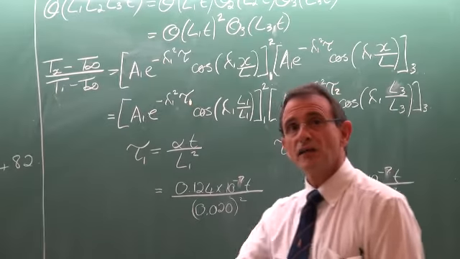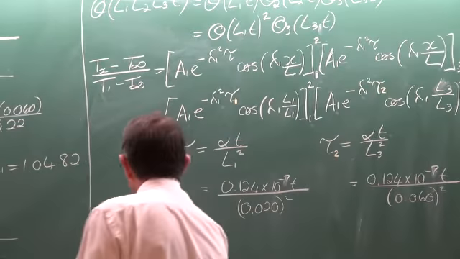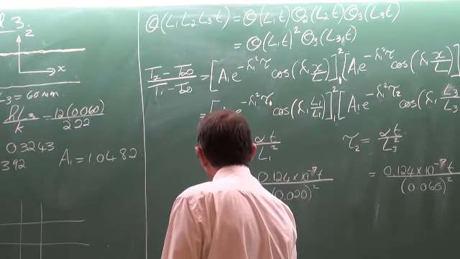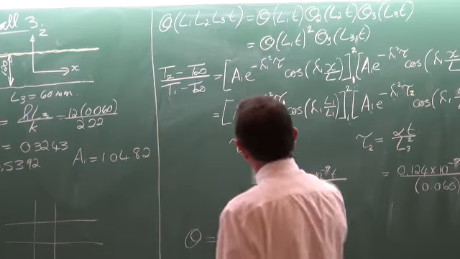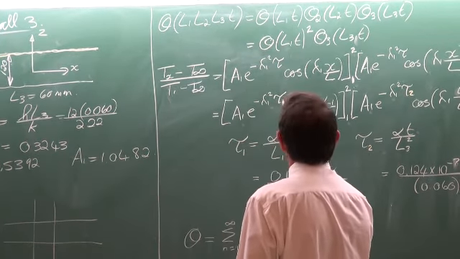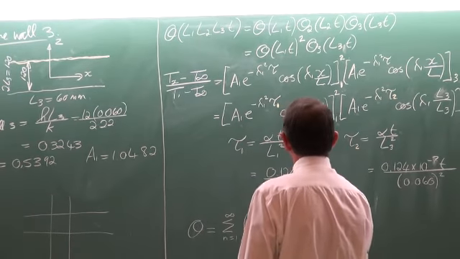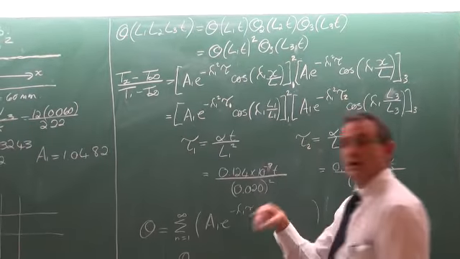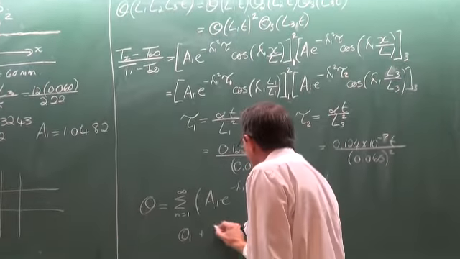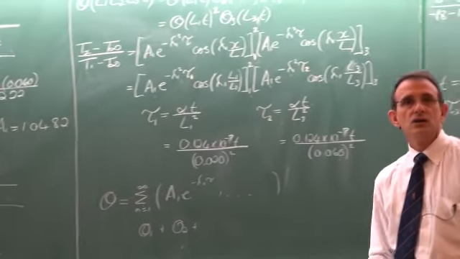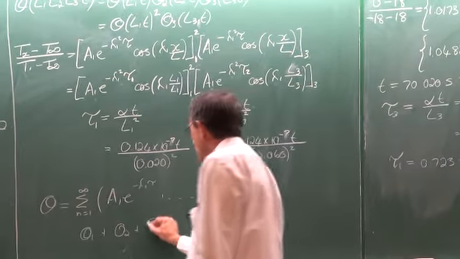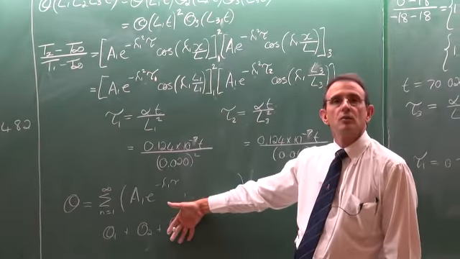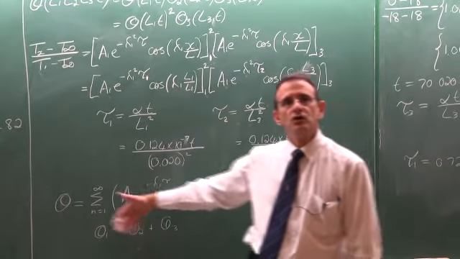If it is less, then we have to go back and remember that theta is actually the sum of n equal 1 to infinity of A1 e to the minus lambda 1 squared tau, etc. So you have to calculate it for n equal 1 to get theta 1, then for n equal to 2, etc. And you will have to check when this term is starting to become negligible in terms of the rest.